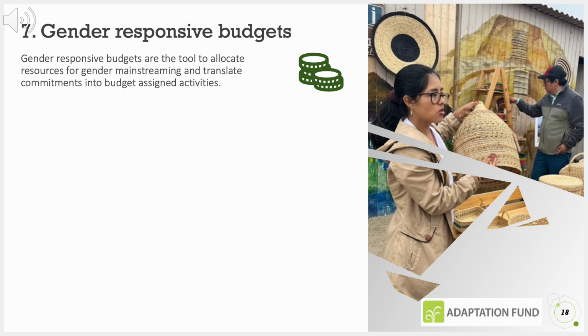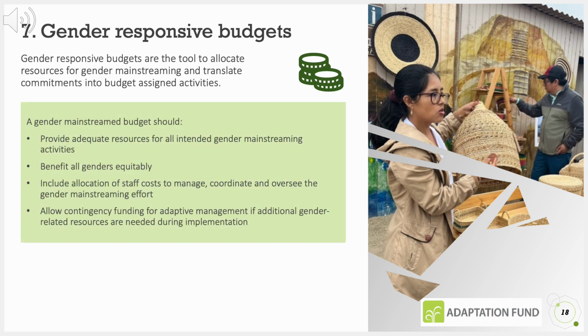Step 7. Gender-responsive budgets allocate resources for gender mainstreaming and translate commitments into budget-assigned activities. A gender-responsive budget should provide adequate resources for all intended gender mainstreaming activities, benefit all genders equitably, include allocation of staff costs to manage, coordinate, and oversee the gender mainstreaming effort, and allow contingency funding for adaptive management if additional gender-related resources are needed during implementation.